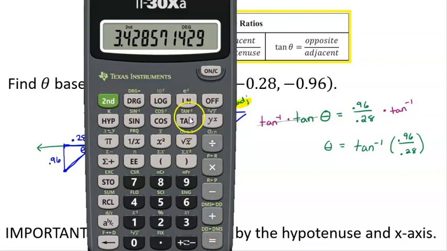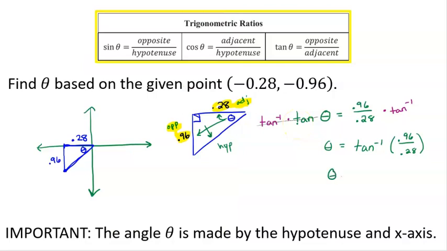So remember, that's second tangent equals, and that's 73.7, and I'm just going to round to the nearest tenth. 73.7 degrees. And then I could also find my hypotenuse. I could have done Pythagorean Theorem to find my hypotenuse and then used sine or cosine. It really doesn't matter. But I just used the ones that they already gave me.